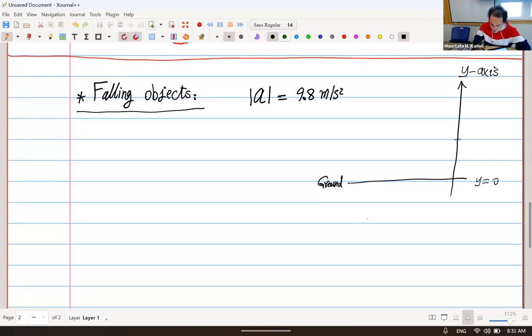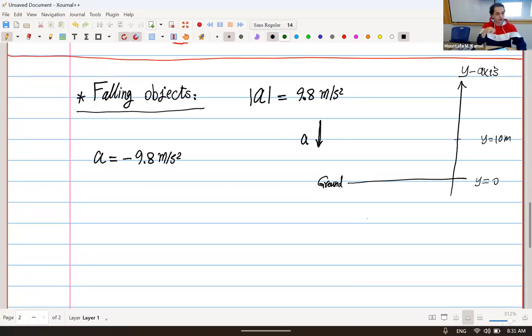For example, if you're on a 10-meter cliff, then y is 10 meters. So we define the positive to be upward. Now, if gravity is acting downwards, then the acceleration is always downwards, right? So the acceleration in this reference frame is negative 9.8 meters per second squared because it's acting downward.